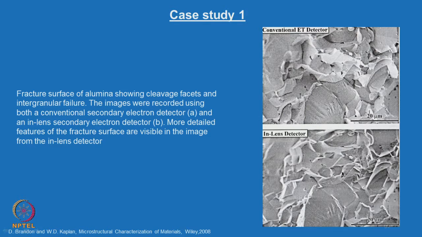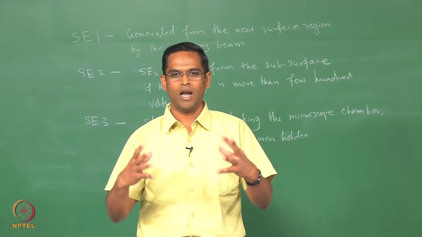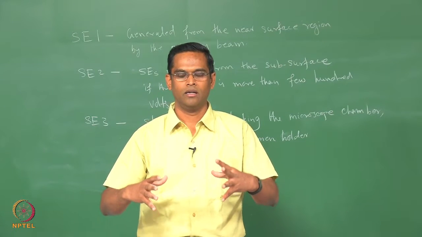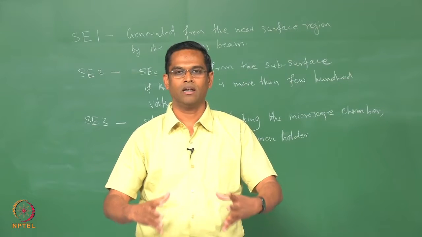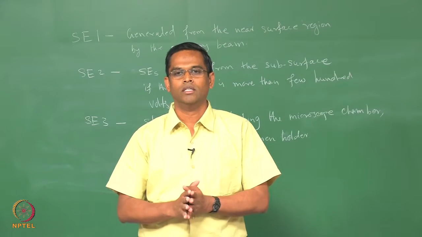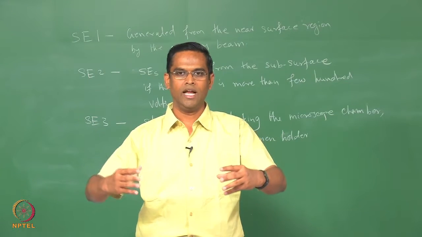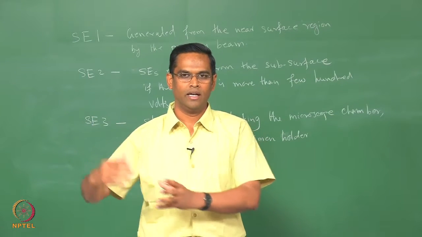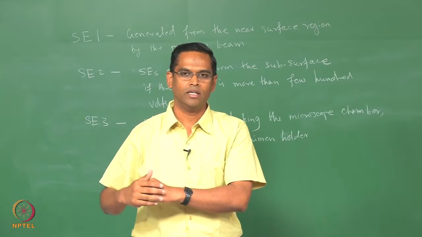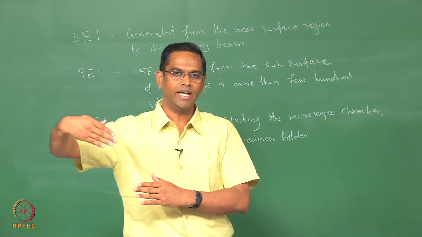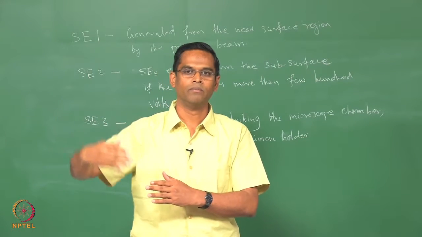As I mentioned a few minutes back, if you have the in-lens detector, it could be an annular type. What it does is that all the secondary electrons coming from the immediate surface are effectively collected, rather than by a secondary electron detector in a conventional ET detector which is kept to the side of the specimen.